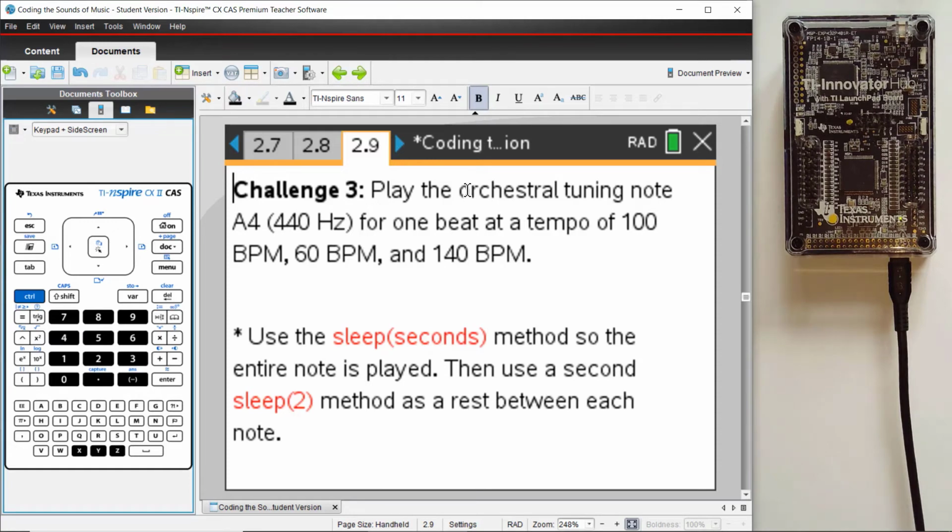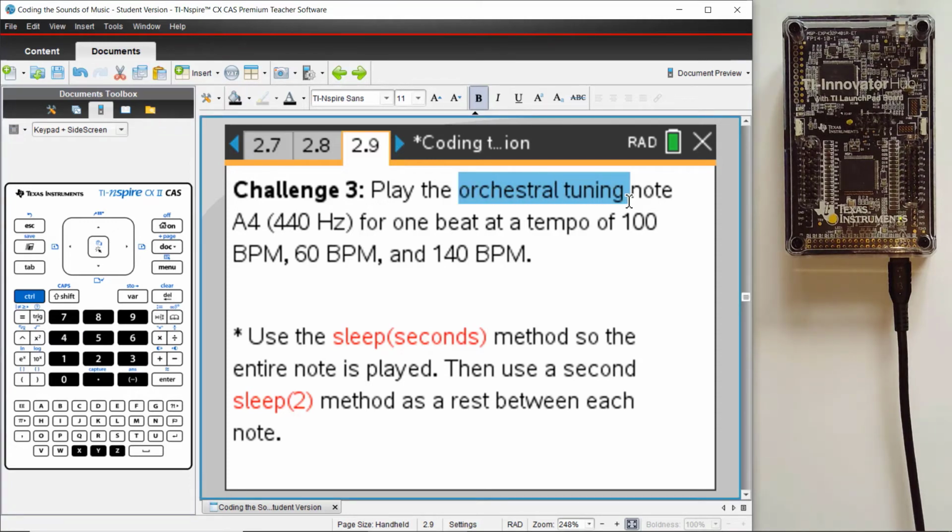First off, orchestral tuning. Well, this is when you see an orchestra getting ready for a big event. You'll hear them all down there tuning their instruments, and eventually the concertmaster will play A4.